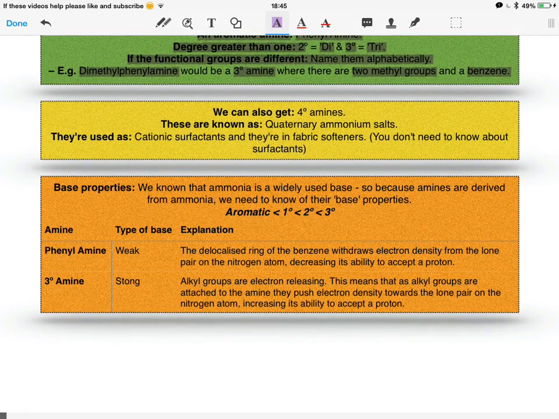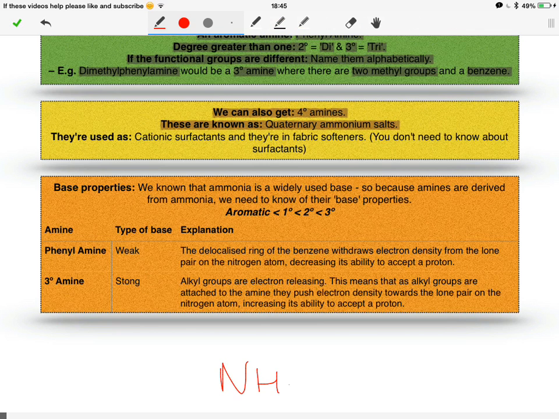We can also get quaternary amines, and these are known as quaternary ammonium salts. Right, you know that you can get NH3. If you add a hydrogen, you can get NH4+, and that's an ammonium salt, because it will normally be with something like that.